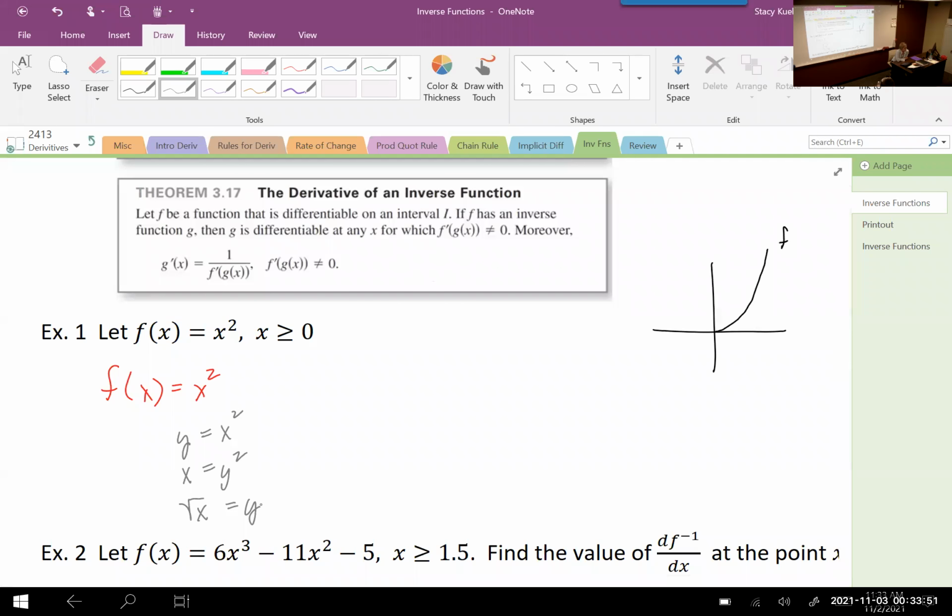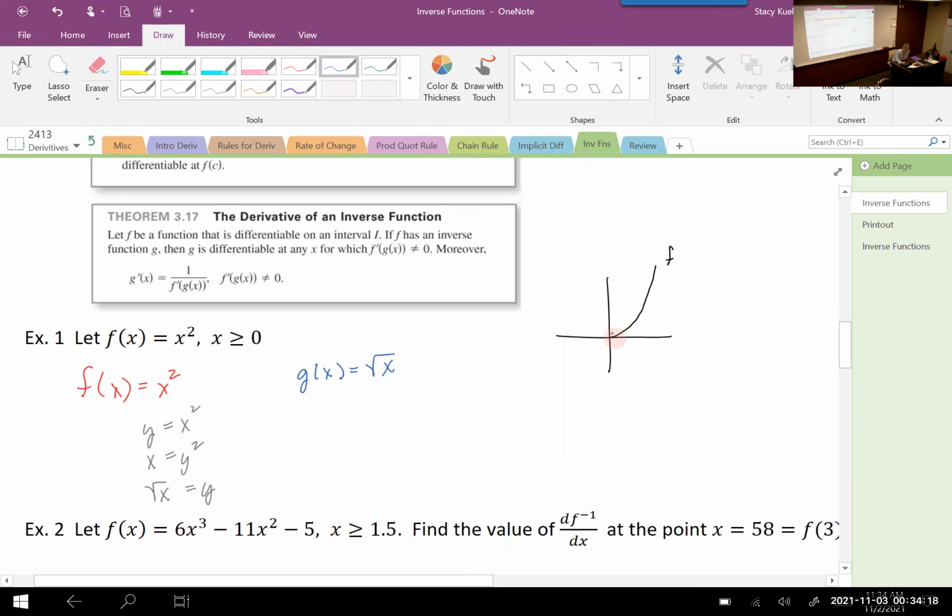Now we restricted this to only the positive values, right? So I'm only interested in the positive square root of x and not the negative square root of x, okay? So we kind of don't avoid that issue. So g of x is now going to be the square root of x.